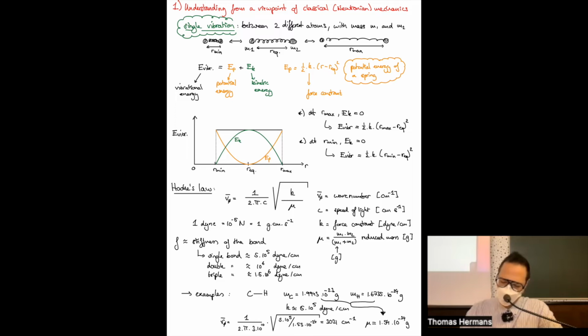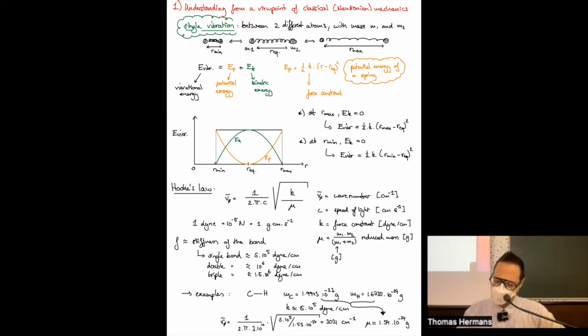So we can look at different positions. If the position is R max, then the kinetic energy is 0. If you stretch the spring all the way, it cannot move more, so the kinetic energy is 0. And therefore, the vibrational energy is half times K times R max minus R equilibrium squared.